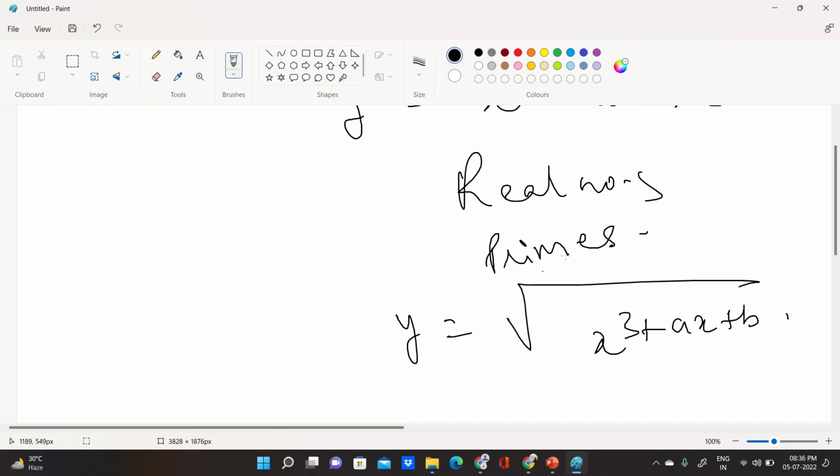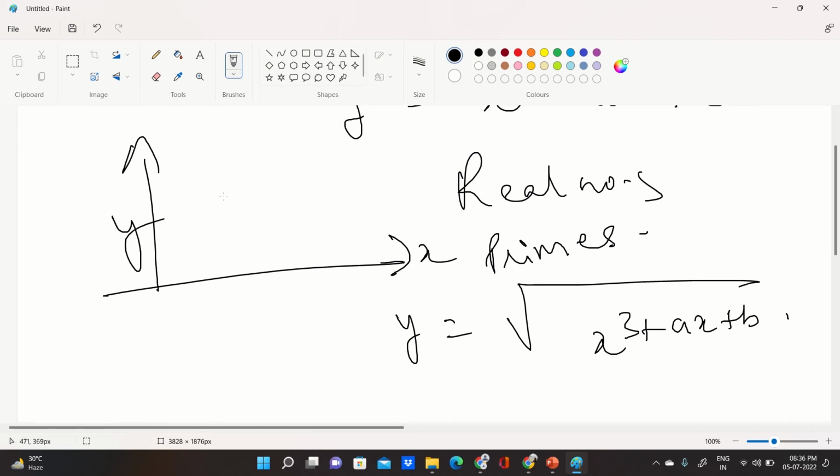This means that the elliptic curve is symmetric about y equals 0. If this is the coordinate x and this is the coordinate y, then y equals 0 is the horizontal axis. So the elliptic curve is symmetric about the horizontal axis, so the curve below the x axis would be symmetric to the one above. This is the whole point of view.